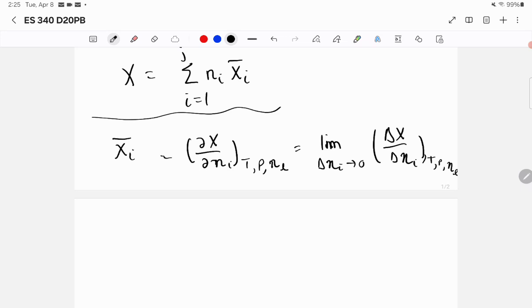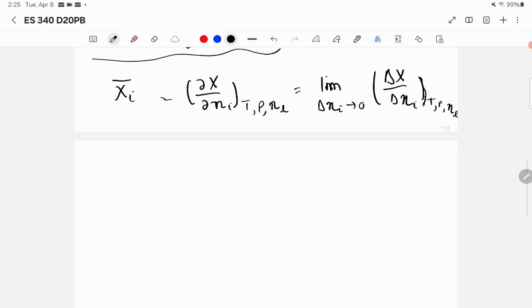Okay, so in this case, just like any derivative, you can take the limit as delta n_i shrinks towards 0. And obviously you can get more accurate if your delta n_i gets smaller, right? So if you're trying to get an accurate estimate of this derivative, you can shrink the distance between those points and you should get closer to the true derivative.